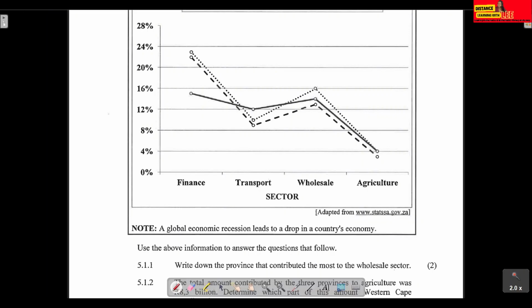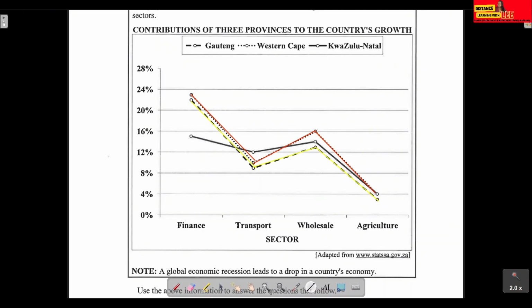So let's see. If we analyze this line graph, we can see that the province that is the highest in most sectors is the Western Cape province. Because we see that there, the Western Cape is the highest, the Western Cape is the highest.